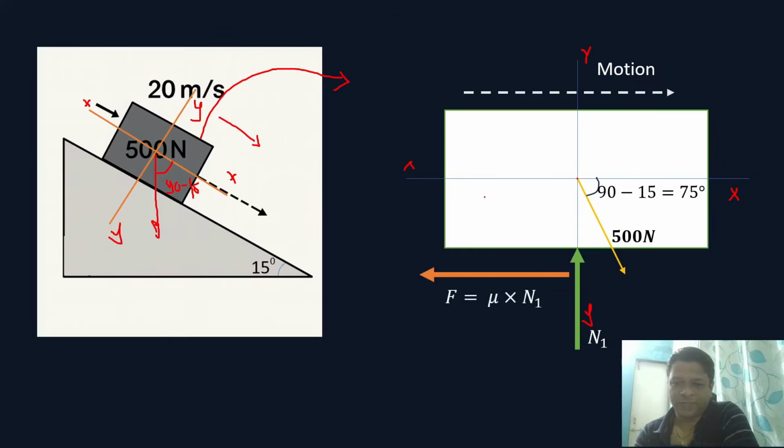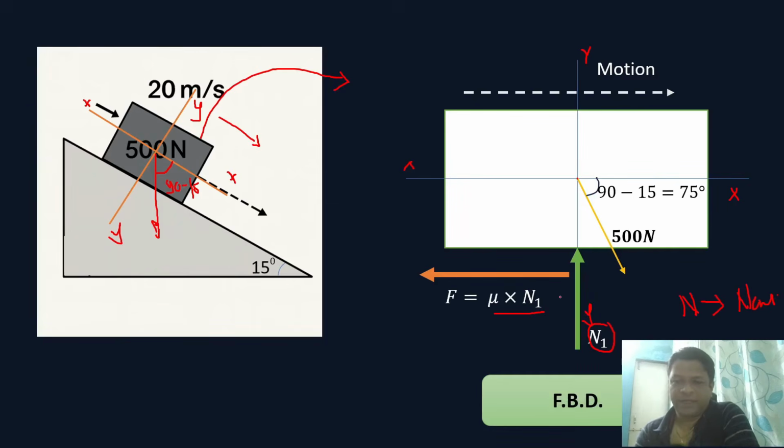The value of the friction force is F equal to mu into normal. The normal is N1. We have kept its name N1 because sometimes students get confused between N and the unit Newton. To avoid confusion, we'll write it as mu into N1. The value of mu is given, that is 0.4 into N1.